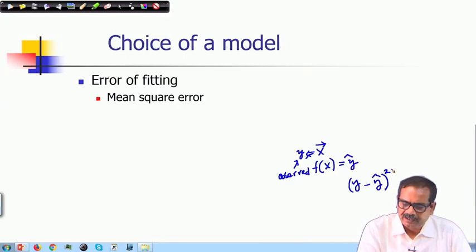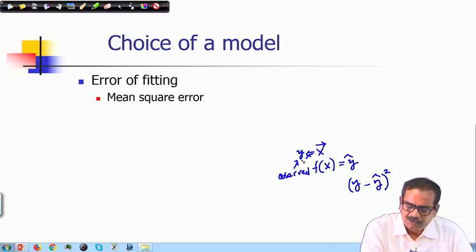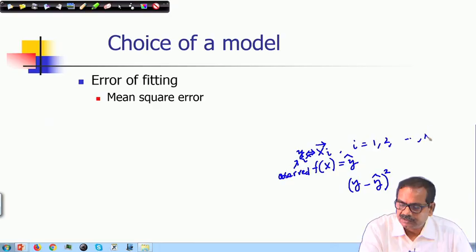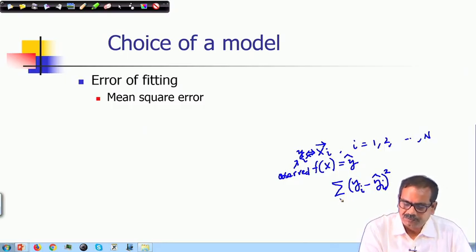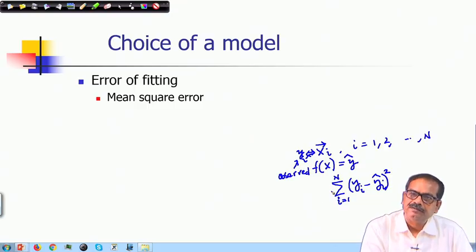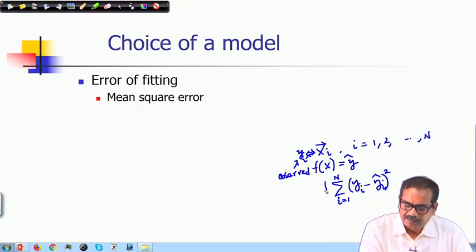However, mean square error is defined when you have many observations. Suppose you have n observations, and I represent mathematically this pair in this form, that means there are n observations. In that case, mean square error would be, for each observation I will find the corresponding predicted values, which is shown in this form. So, I will sum all these squared deviations, the squares of the errors, and take the mean.